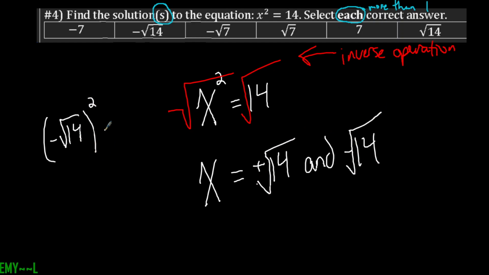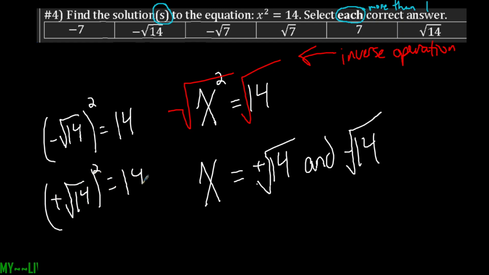So if you take that squared, that would be equal to positive 14, and also the positive square root of 14 squared is going to be equal to 14. So since these two numbers are the same, we're going to say that our answers, plural, are going to be the negative square root of 14 and the positive square root of 14. So just make sure that you're including both answers.